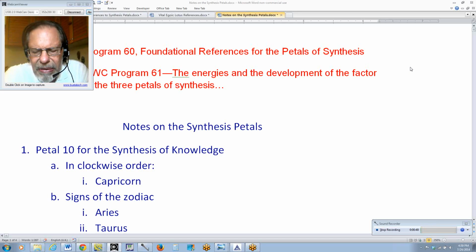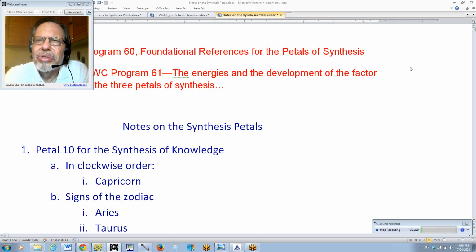And the real opening of these Petals of Synthesis occurs between the 3rd and 4th initiations, when synthesis of some kind, perhaps according to the ray, is the objective of the initiate.